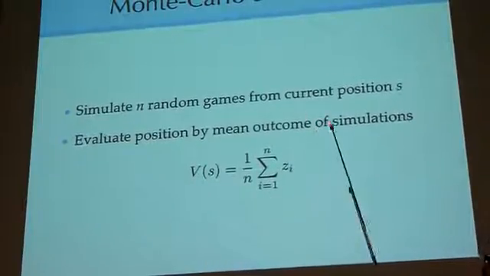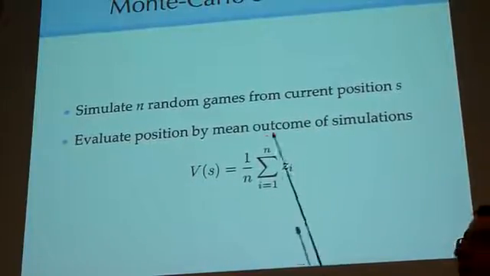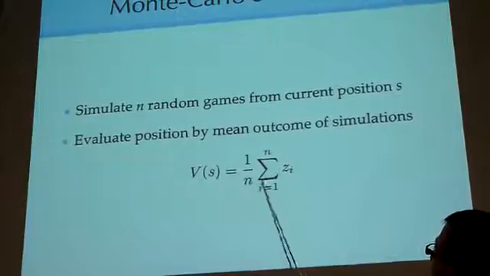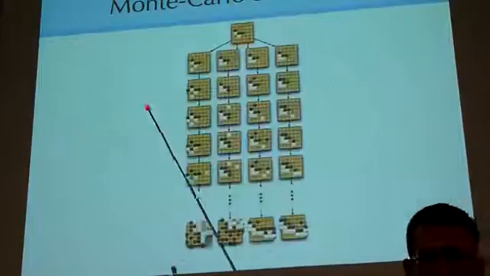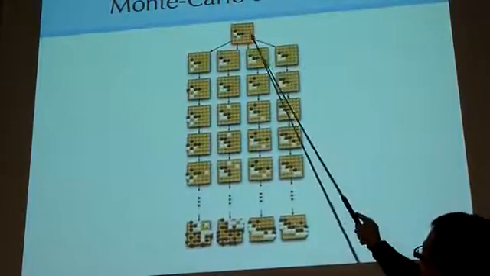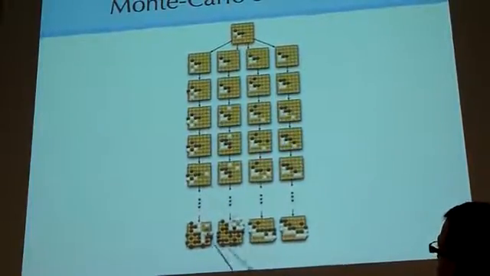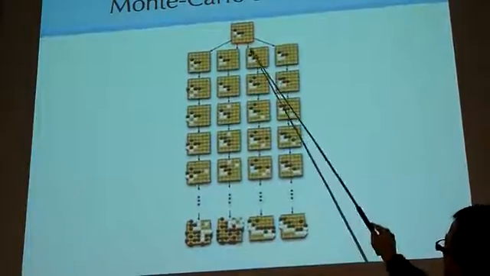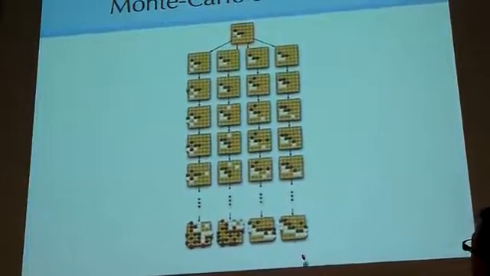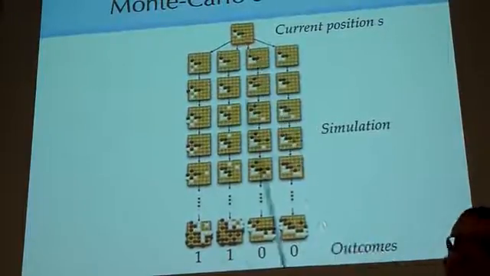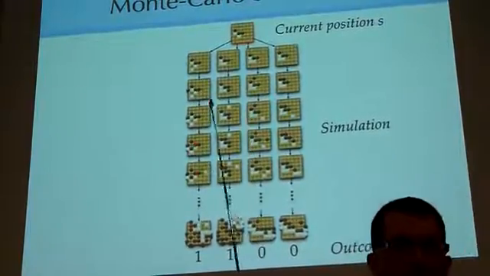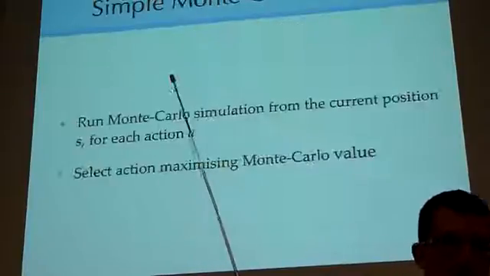You can run some games using some random way to play for both players, and we're going to estimate the value of that position by the mean outcome of those simulations. So if we run 4 different games from this position here, and black wins 2 of them, and white wins 2 of them, then we would say, okay, the value of this particular position is 0.5, 2 out of 4.